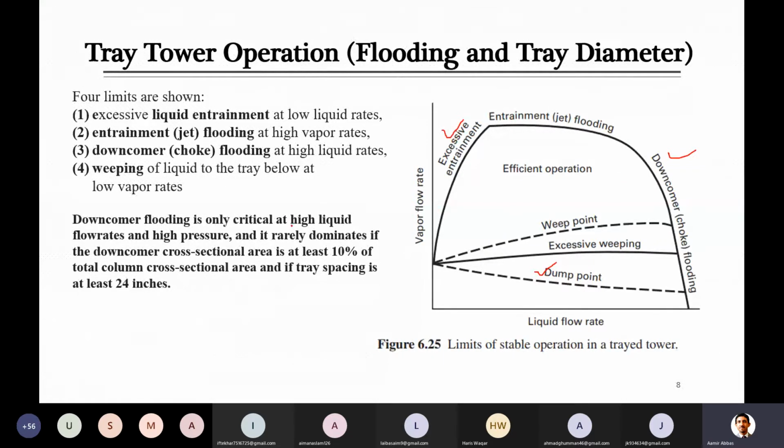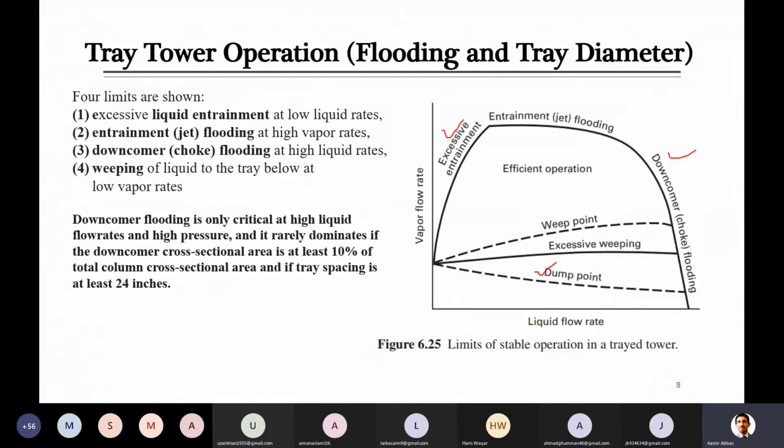How to achieve that efficient operation, and how those conditions can be avoided, lies on some guidelines, and those guidelines are, for example, downcomer flooding, which we said here, the choking of the downcomer, that usually occurs when there is a very high flow rate of the liquid.